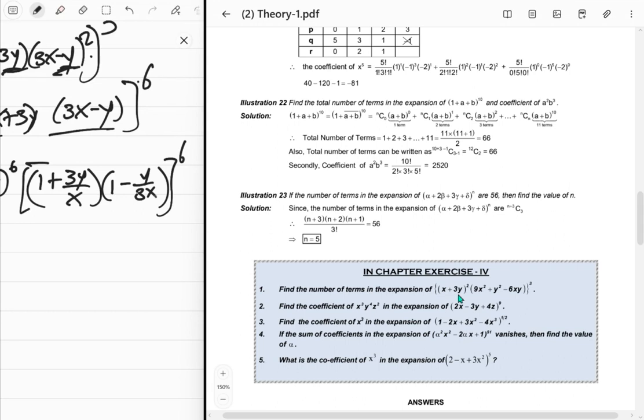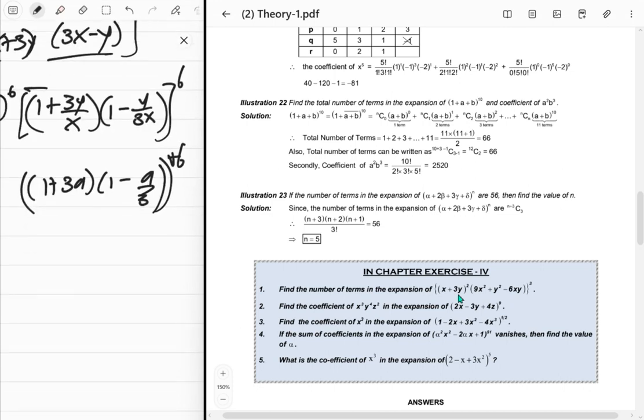Alright, and now we need to figure out how many terms. Just use y upon x as, I don't know, a. Then this will just be 1 plus 3a, and that times 1 minus a upon 3, all of that to the power of negative 6. Sorry, positive 6. Yes.